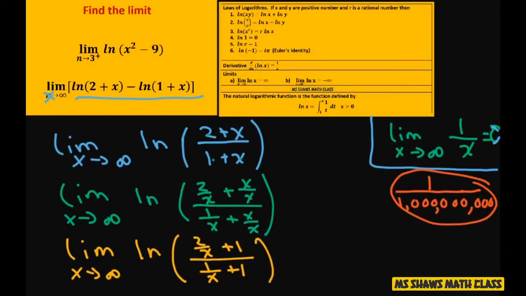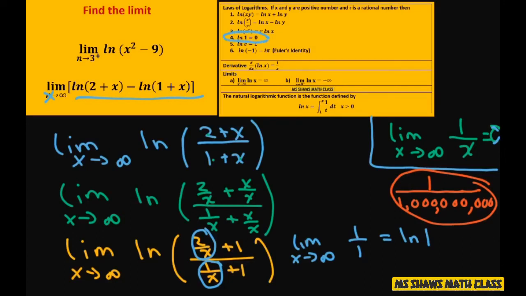So when you plug in your infinity, these two are going to go to 0. So what you're left with is the limit as x approaches infinity of 1 divided by 1, which equals ln of 1, and ln of 1 is equal to 0.